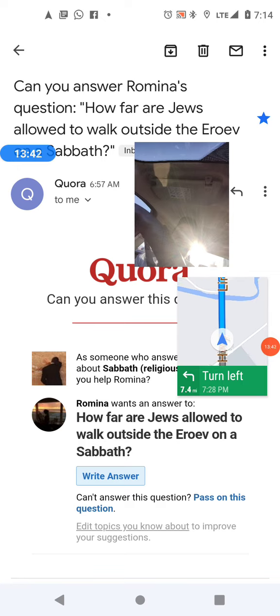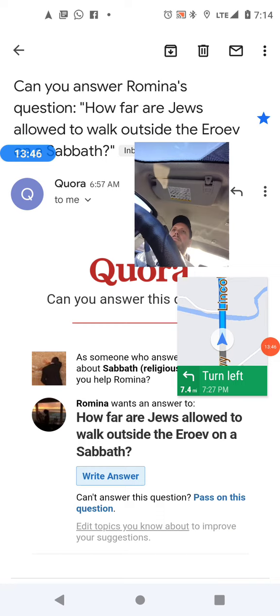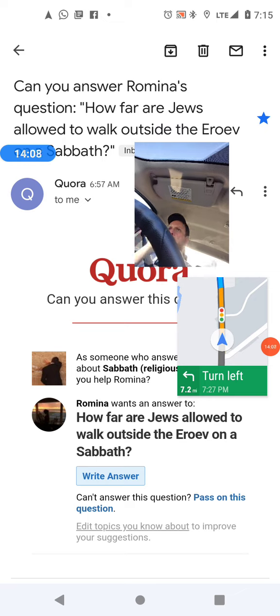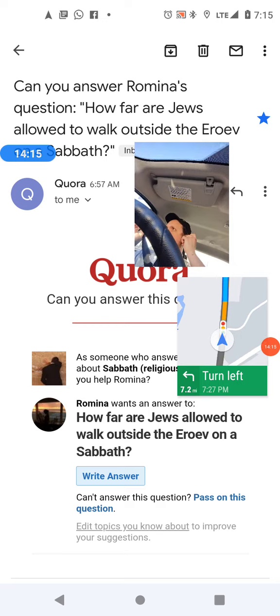And if there's a big park, that could be an issue. However, if it's all inside of the city, like Central Park, it's not; if it was on the edge, it would be an issue. So anyway, as we were saying, you can go 2,000 cubits outside of the city.